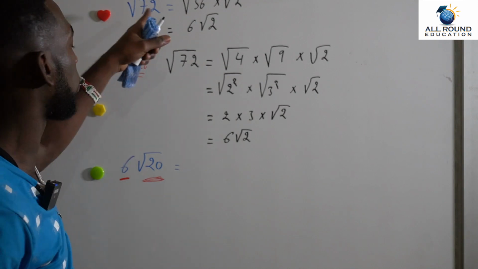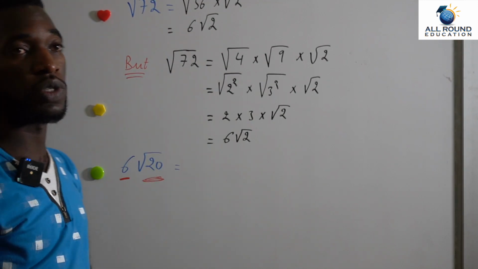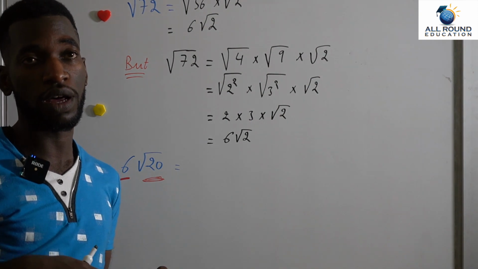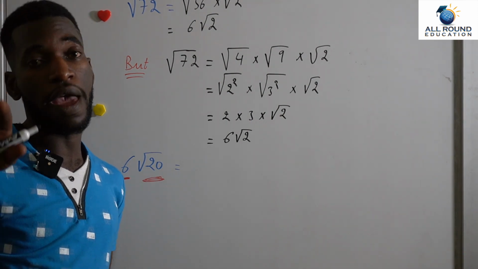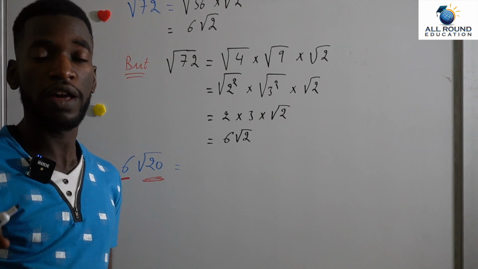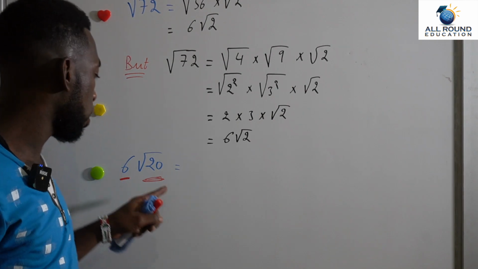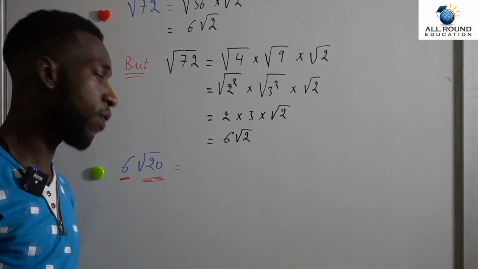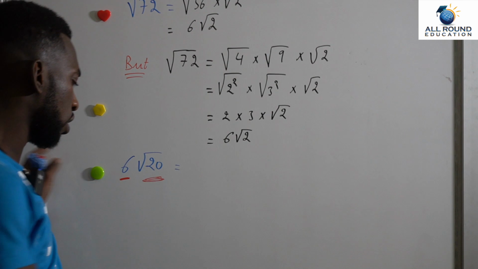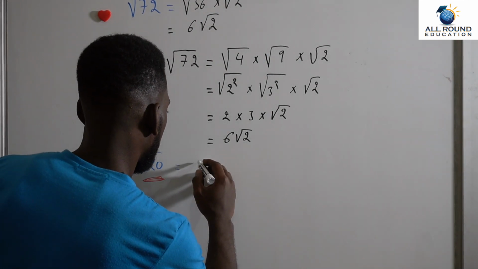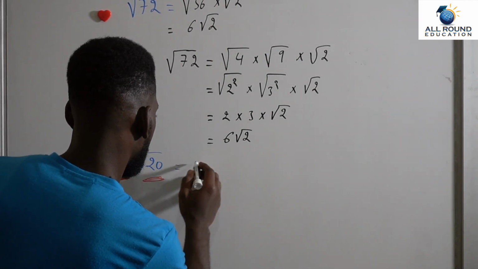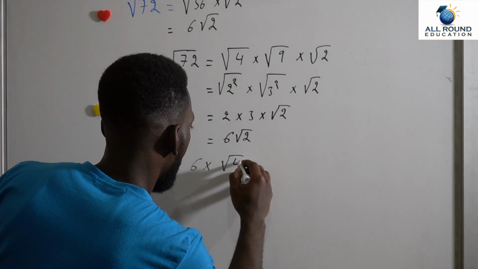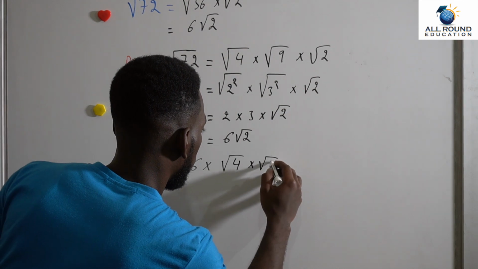Right, let's apply the same rule that we used there. To simplify any surd, find the two numbers that multiply to give that number, and one of them has to be the highest perfect square. So what is the highest perfect square in this number? 2 squared? Oh yeah, 4, because we know that 20 can be written as 6 times the square root of 4 times the square root of 5, right?